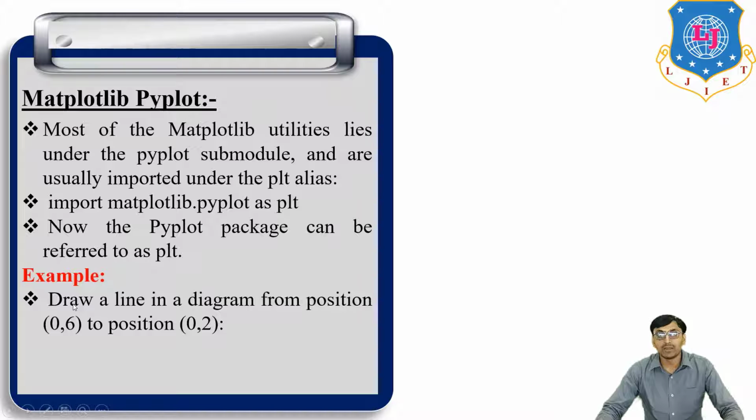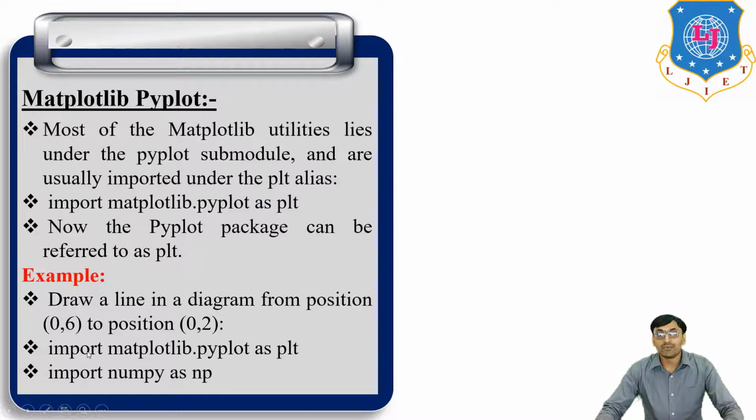Now for example, draw a line in a diagram from position (0, 0) to position (6, 2). First import matplotlib.pyplot as plt. So now in our program we use this plt word, the alias name of pyplot. Then import numpy as np.